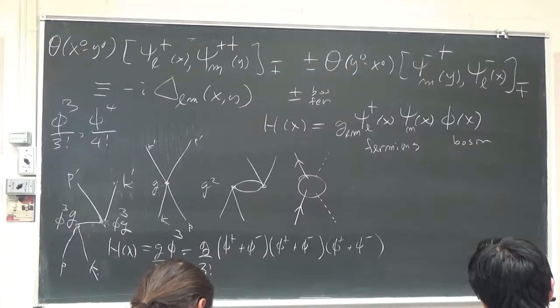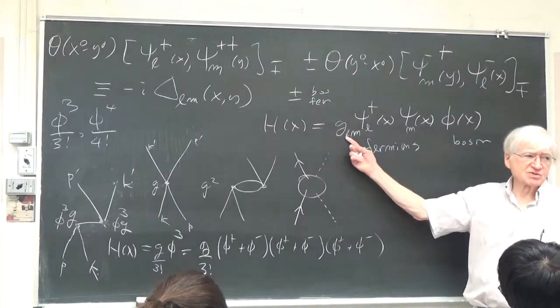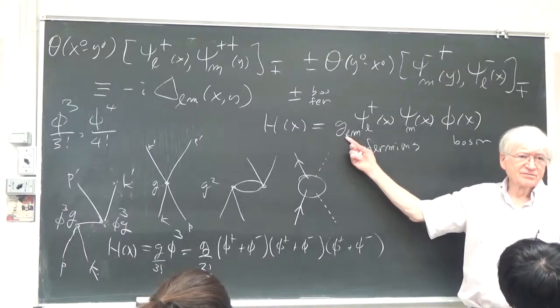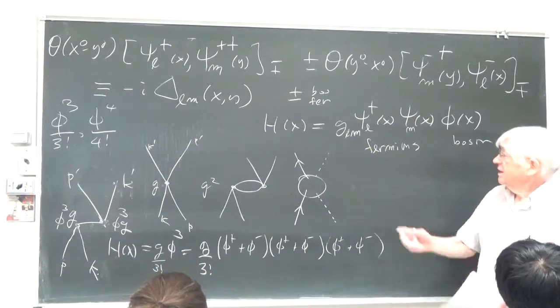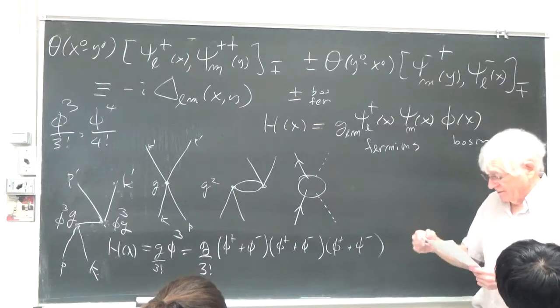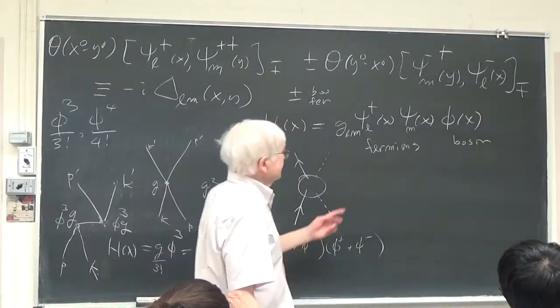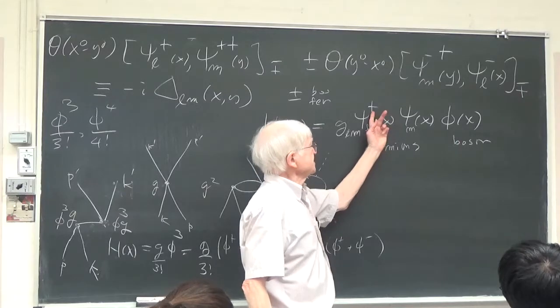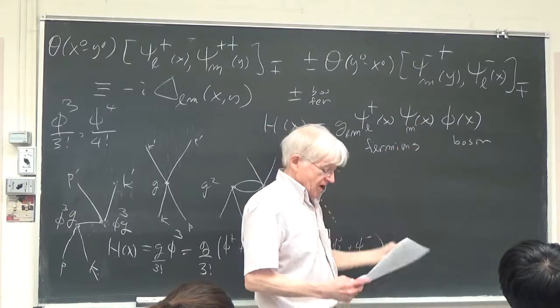And this G you can think of as gamma matrices if you want. And in fact, I think what I've done is I've suppressed the L and M because the fields are distinguished by whether it's a dagger or not, and whether it's going to be at x or at y.